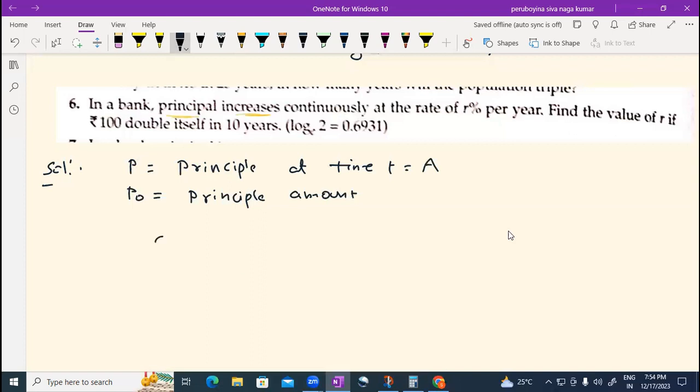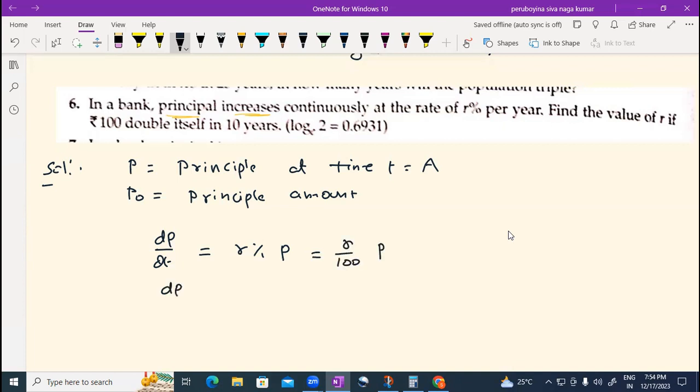Increases means dP by dt. With time, it is increasing continuously at the rate of R% per year. So the rate of change is R% of the value it is compared with. R% means how much? R by 100 into P.